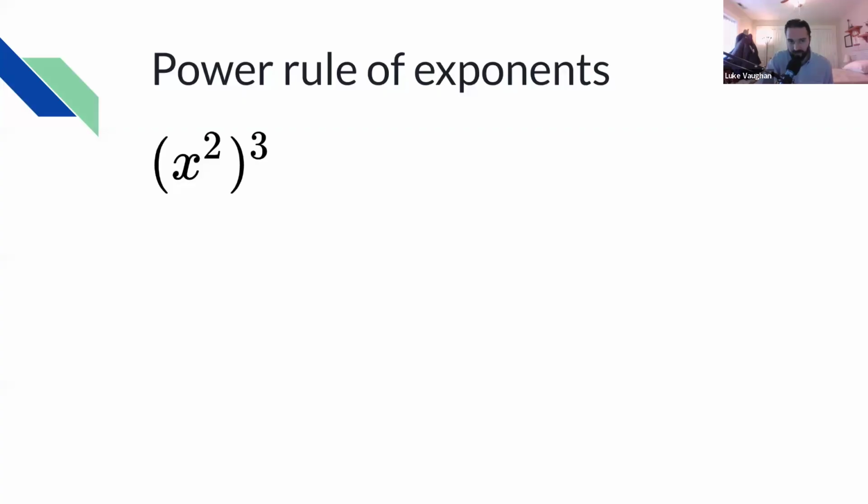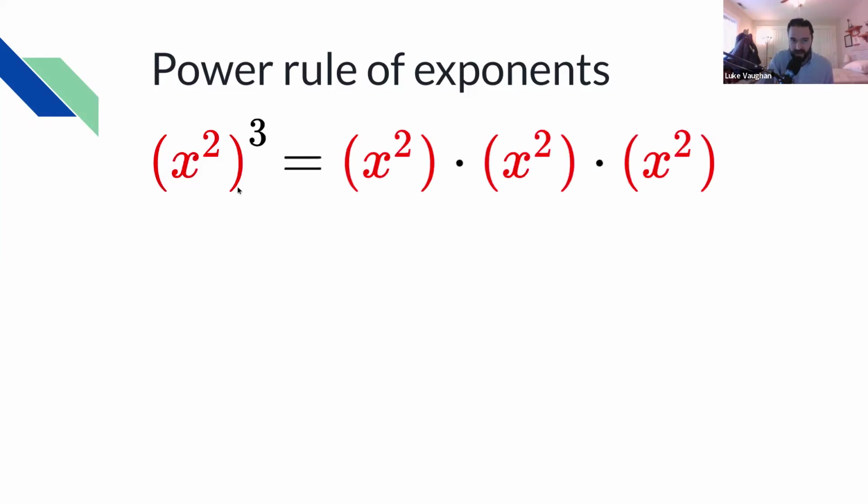The power rule is when we have a situation like this, when we have a power on top of a power. X squared, that whole thing is being raised to the third power. So this business in red here, it's being multiplied by itself 3 times. That's what cubing means. We multiply it by itself 3 times.